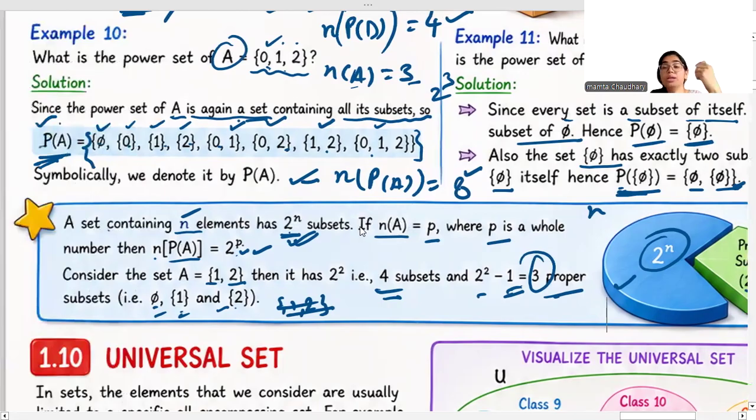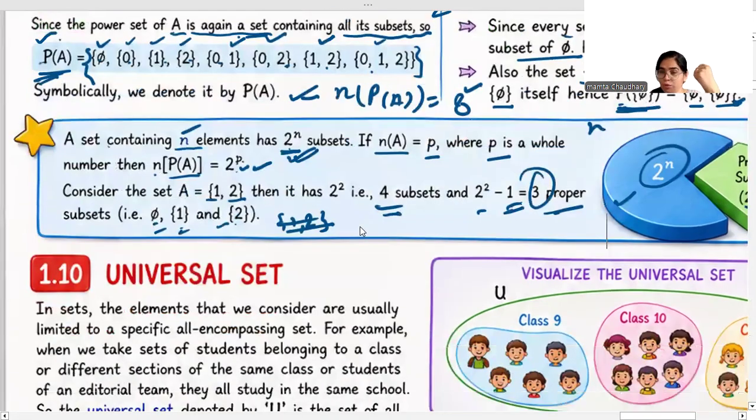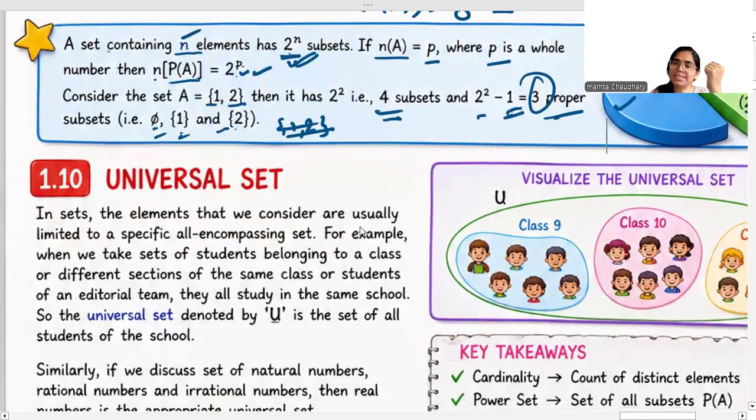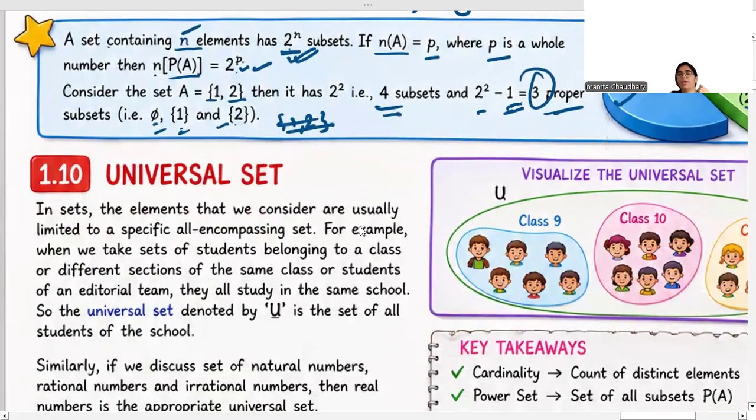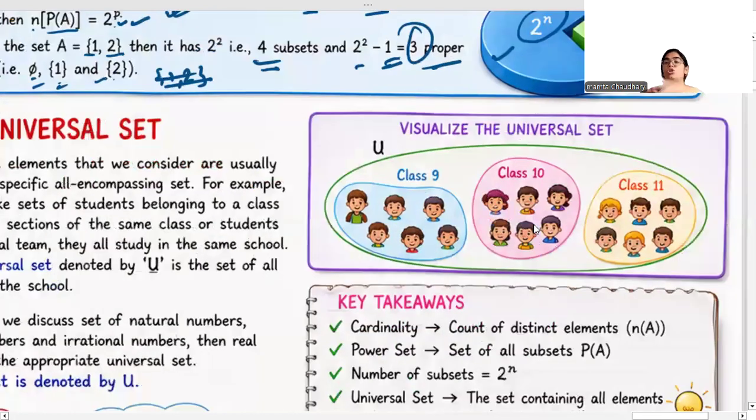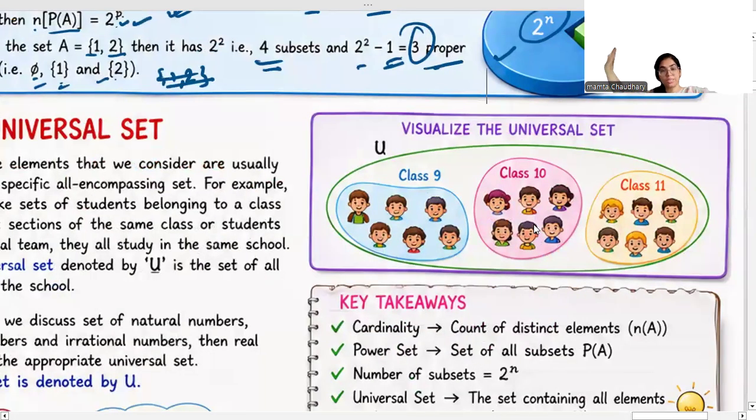Now the next and the last topic for today's video is the universal set. Now what is a universal set? It means all the sets will be subsets of this set. So the universal set is the bigger set, and all the other sets will be its subsets.